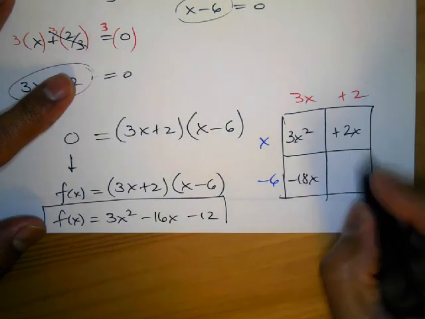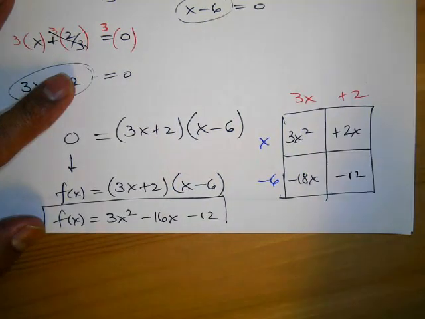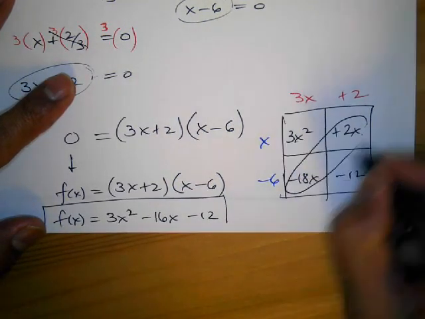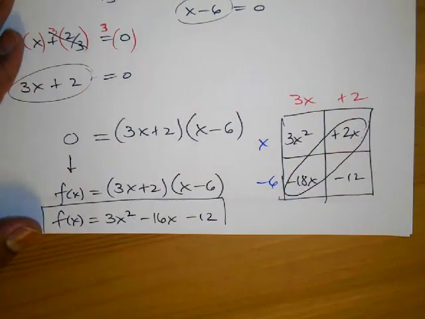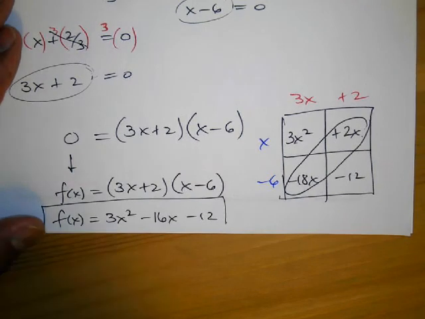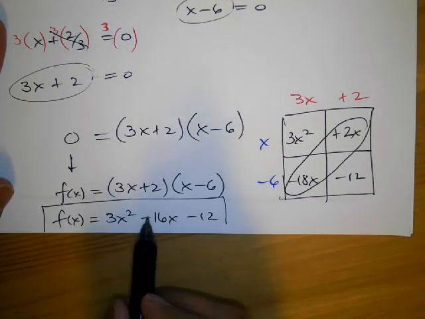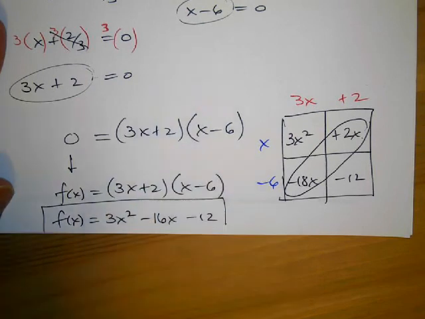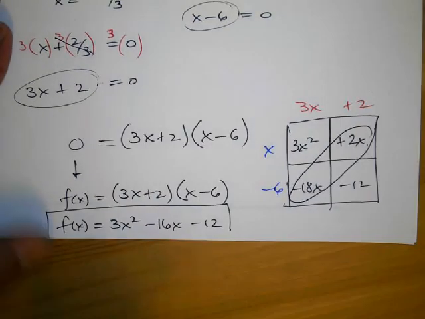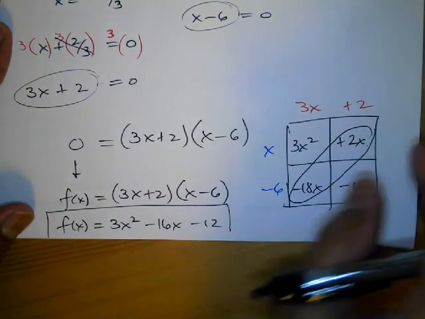That's going to be 3x squared plus 2x minus 18x minus 12. When I combine like terms, yes, I get the negative 16x. I'm good. That is the polynomial function. Right? That's what we're writing.